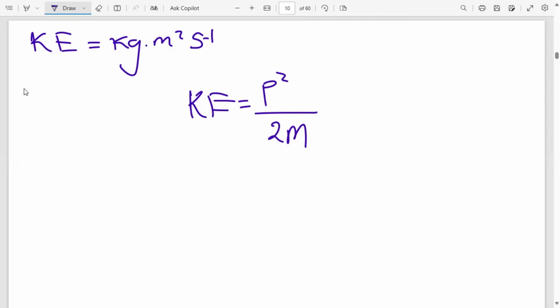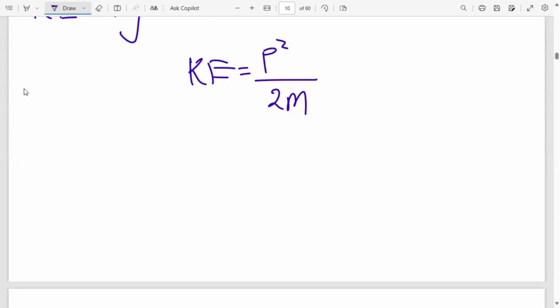So what are we going to do? Let's plug what we know into this same formula that we have. But remember, we have to make momentum the subject of our formula. So I cross multiply. I'm going to get P squared is equal to Ke multiplied by 2m, like that.